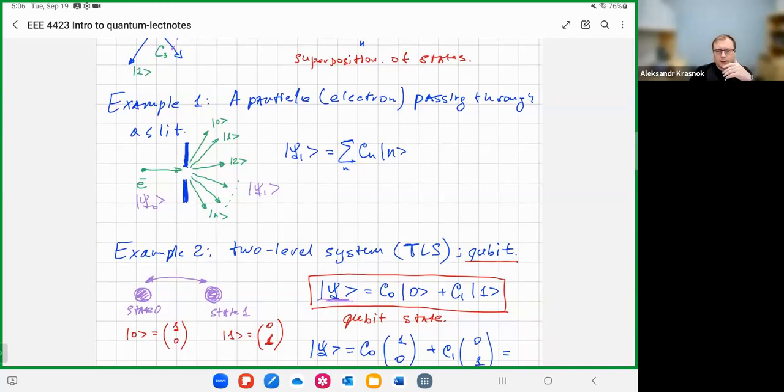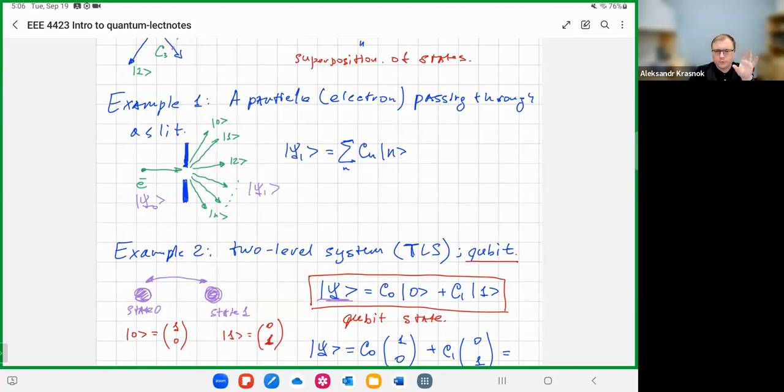Then this particle can take any direction after the slit. If we enumerate these directions or paths 0, 1, 2, etc., the total psi state after the slit is given by the superposition of all these possible states.